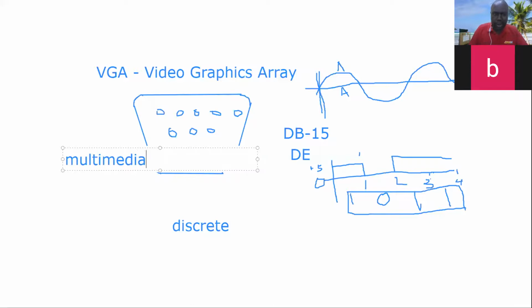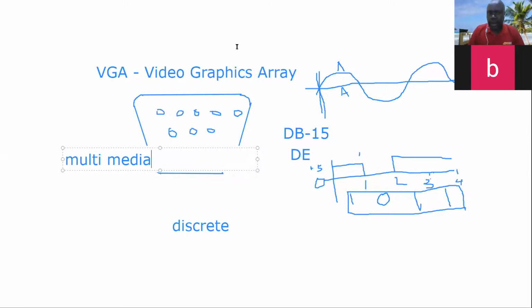Multimedia. Basically, this word is made up of two words. Multi meaning many, media. So when we talk about multimedia, we're saying it can transmit information in form of sound, video, and text. So it combines these different forms of output.